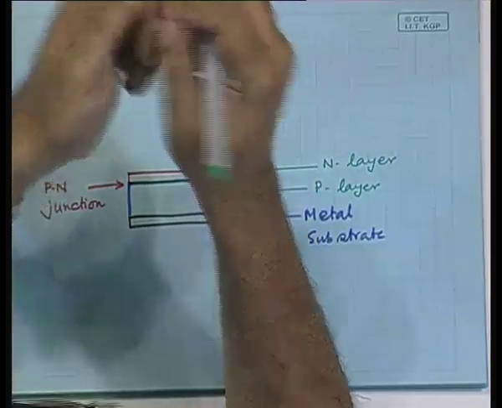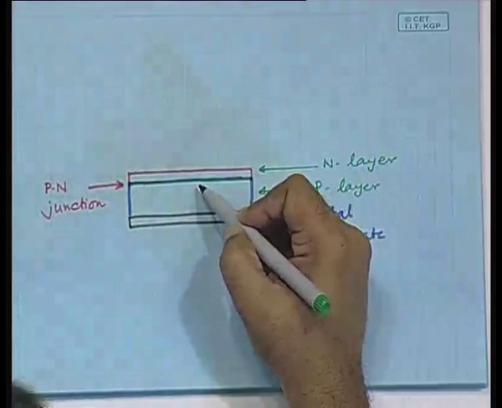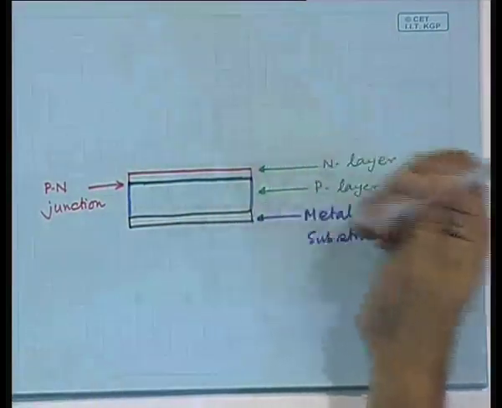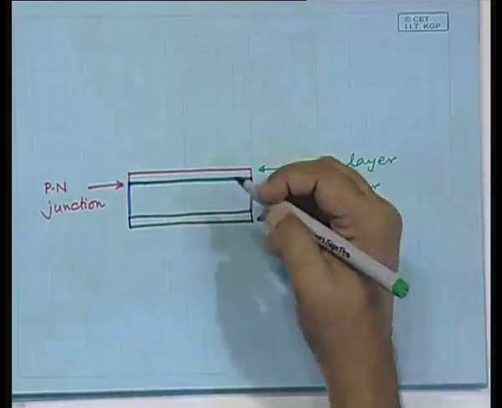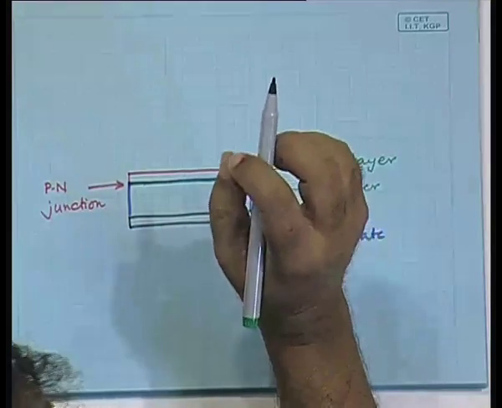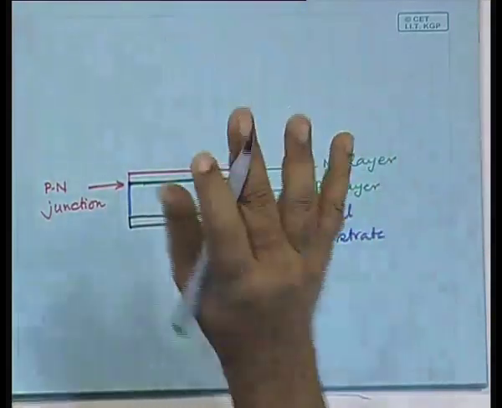As a result, the current generation will be less. So, in order to avoid that, we need to ensure that there is minimum recombination.